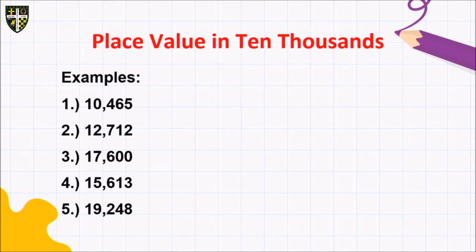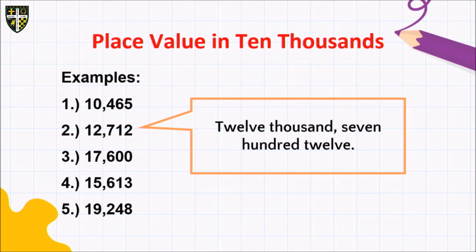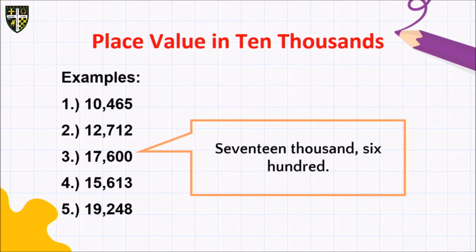Next one is 12,712. So 12,000 and then comma, 712 and then period. Next one, 17,600. 17, the letter S is capital, and then 17,000, comma, and then 600, and then period. Always remember, kids.